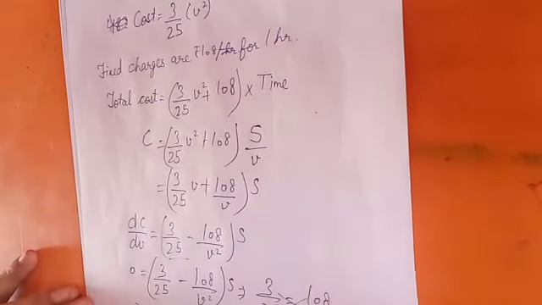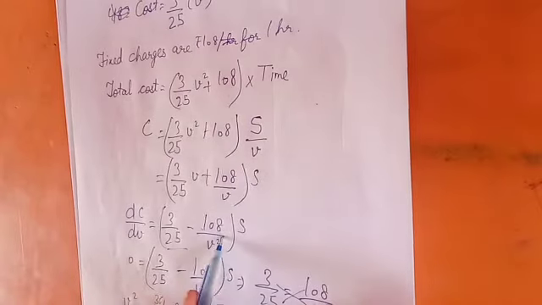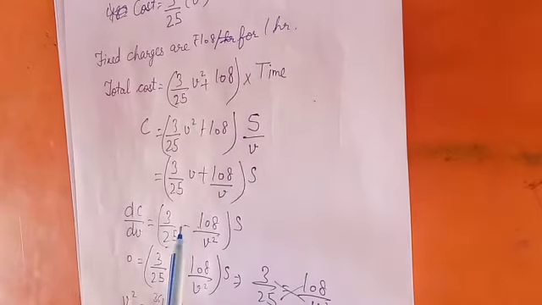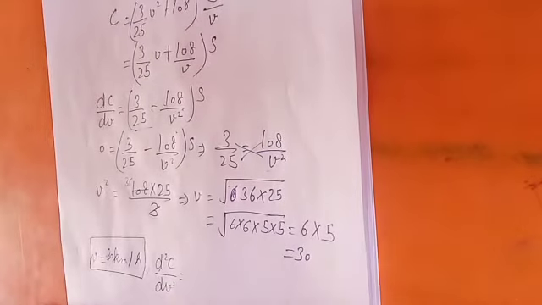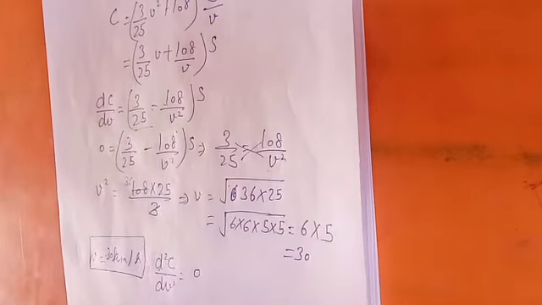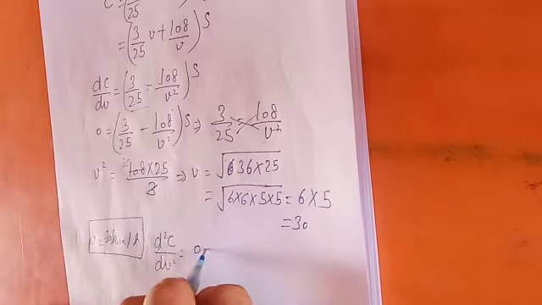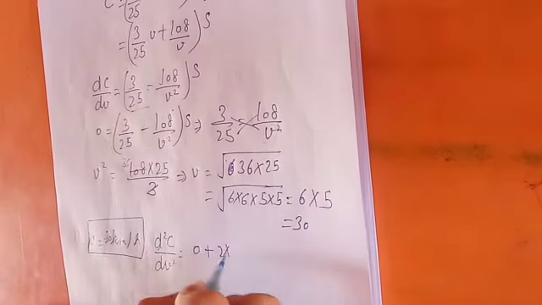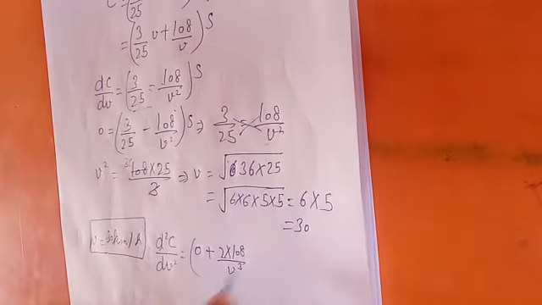The first term is a constant, so its differentiation will be 0, and of 108 by v, differentiation of minus 1 by v square will be 2 by v cube. So it will be 0 plus 2 into 108 by v cube, this into s.